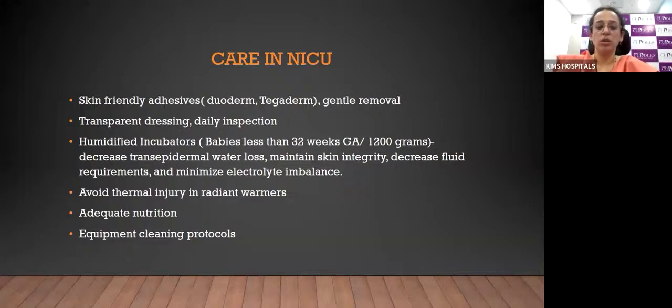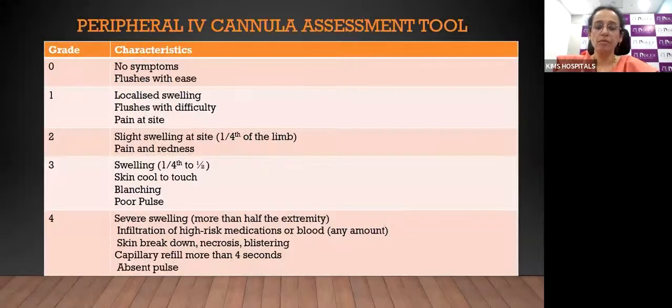Adequate nutrition is also important in improving the immunity of the baby and thereby helping in skin maturity and preventing skin injuries. There should be proper equipment cleaning protocols, like cleaning of the incubators, radiant warmers and the probes, to avoid contamination of the skin of the baby and harboring of pathogenic microorganisms.